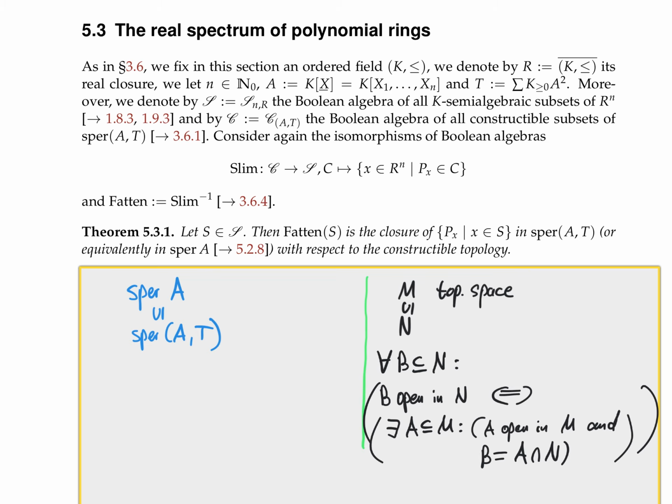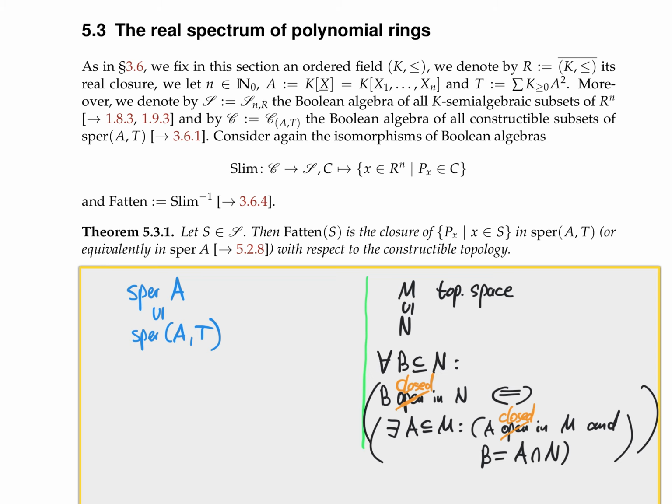That would be an equivalent characterization of a subspace topology: a subset B is closed, meaning it's a complement of an open set, if and only if there is a closed subset of M such that B is the intersection of that subset with N.